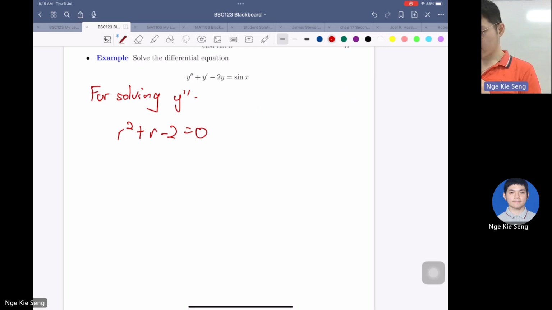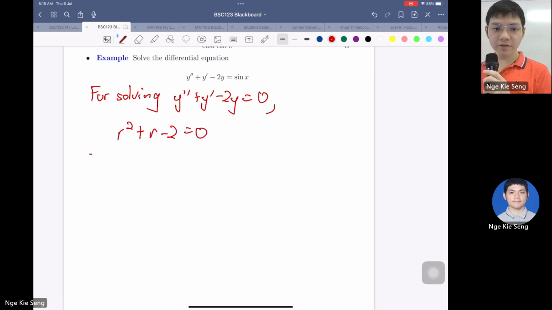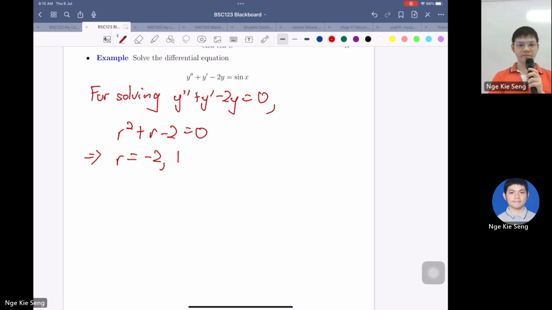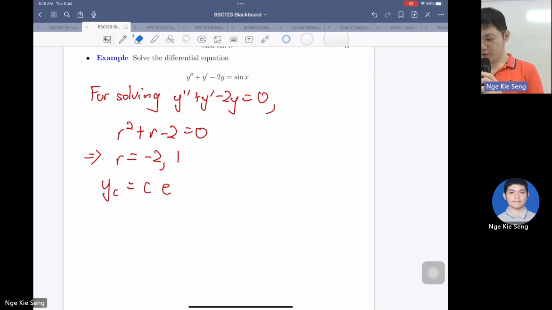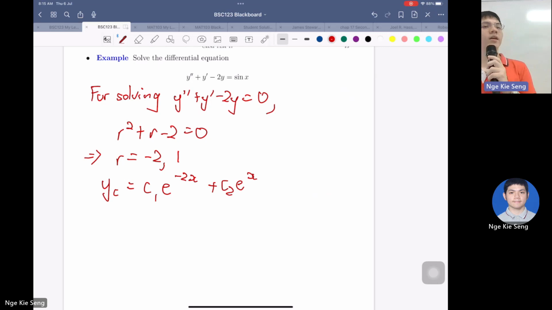We solve the homogeneous part first. This implies r equals minus 2 and 1. So your solution to the homogeneous part is just two real roots, which is the simplest case. You just use your roots to build your linearly independent solutions.